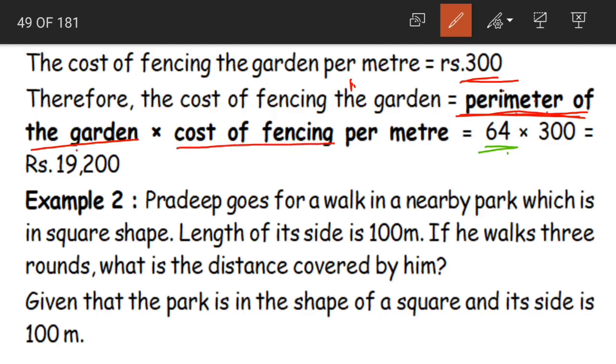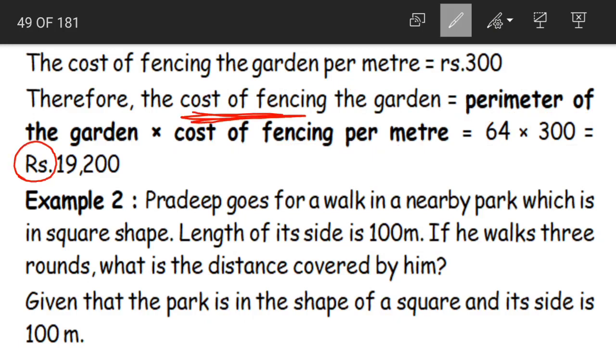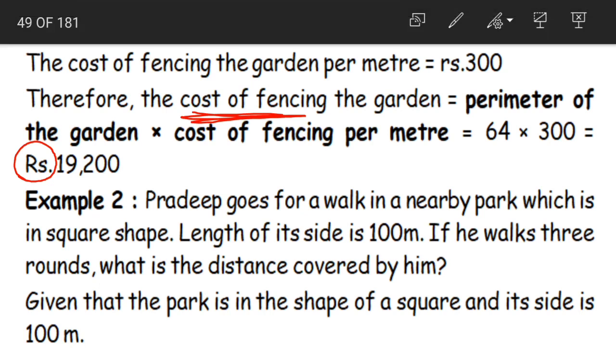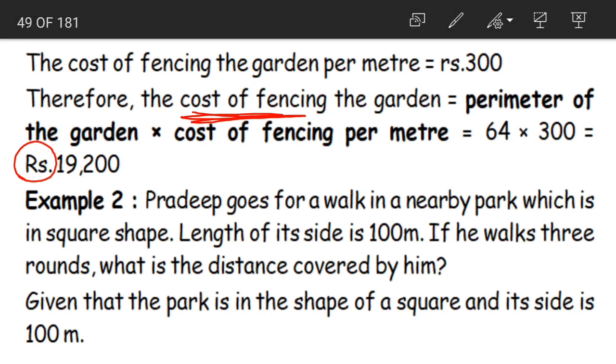Yes, perimeter into cost of fencing per meter. That is equal to 64, our perimeter, into 300, the cost of fencing per meter. When we multiply these two, the final answer is the cost. That is why we are writing rupees. The final answer is 19,200 rupees. I hope this is clear, children.